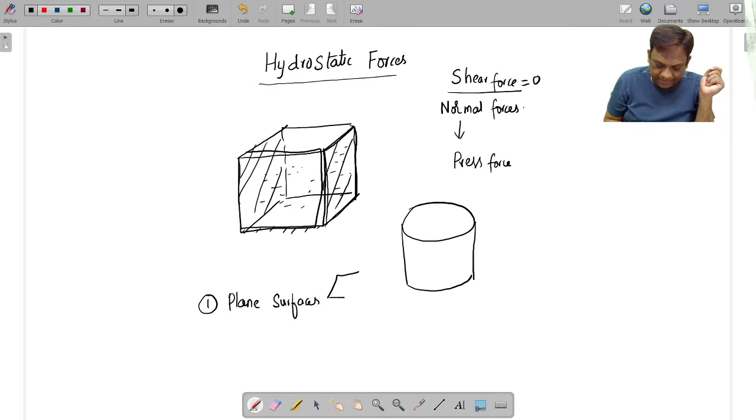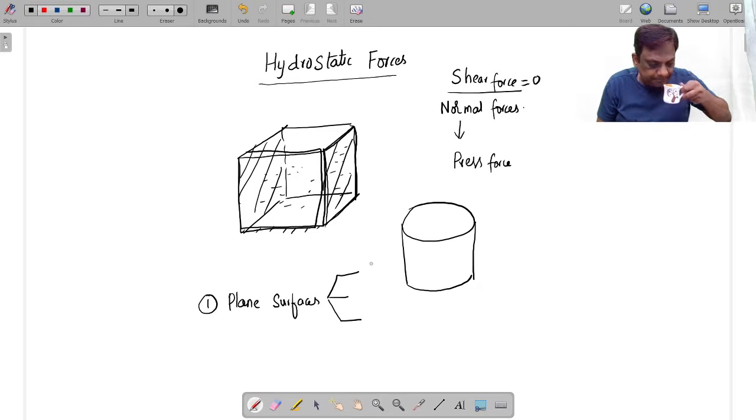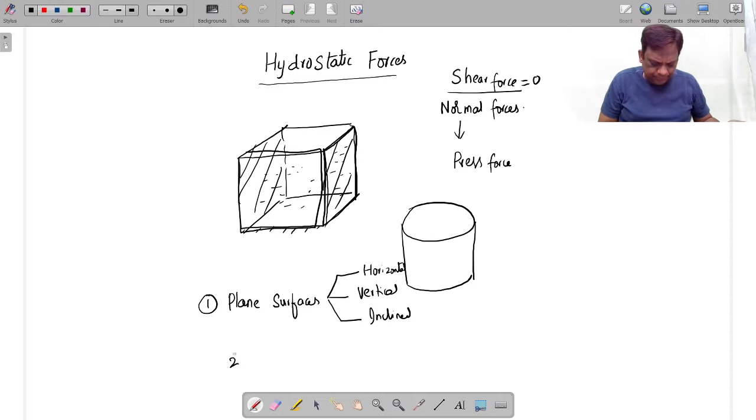And under plane, we'll divide it into three: plane horizontal, plane vertical, and plane inclined. So we'll discuss these three in detail. Then we'll go to curved surfaces.